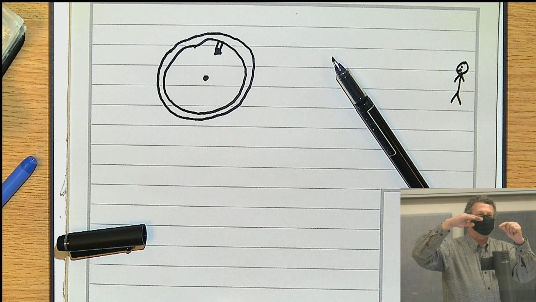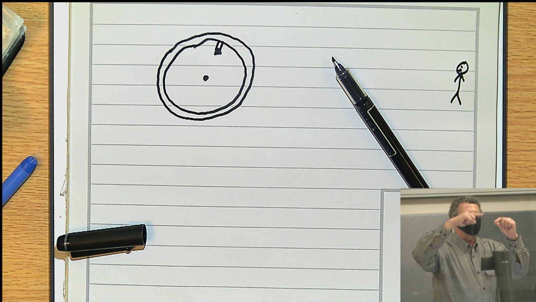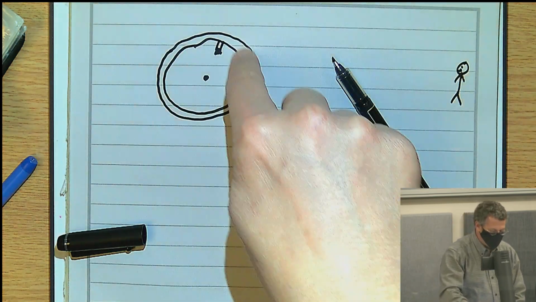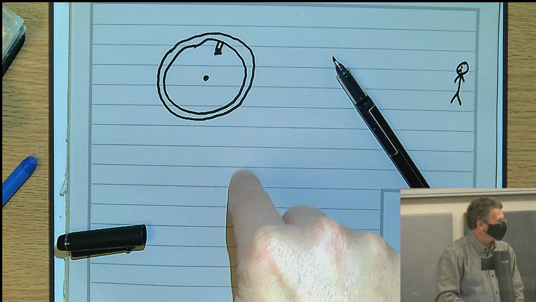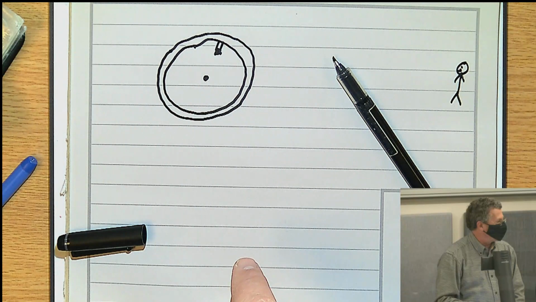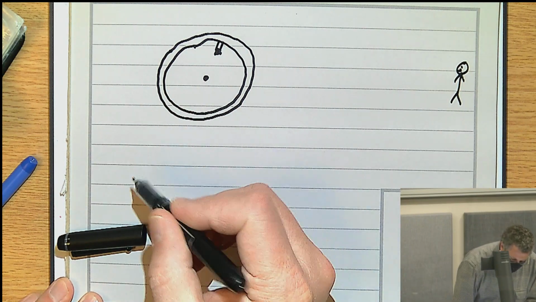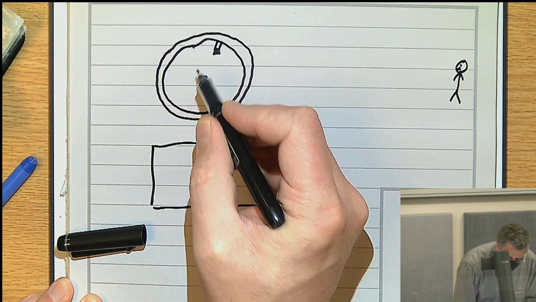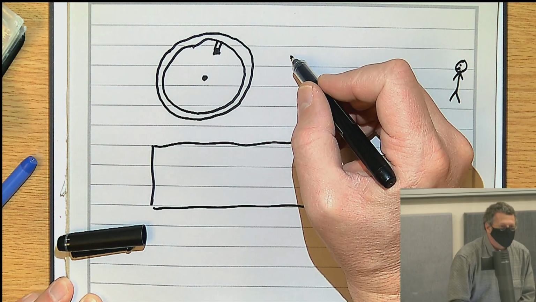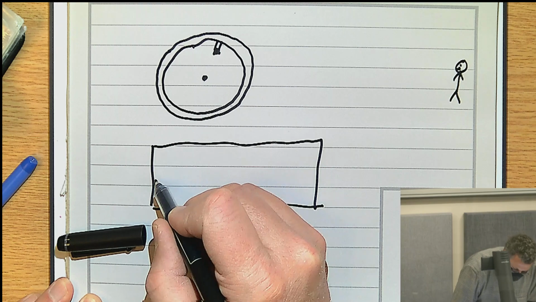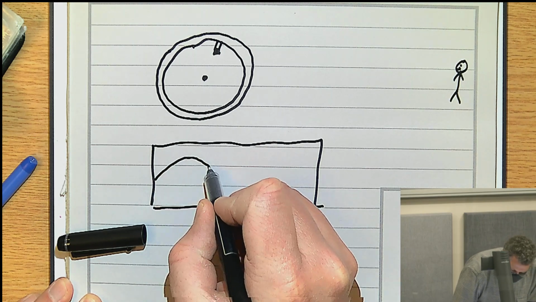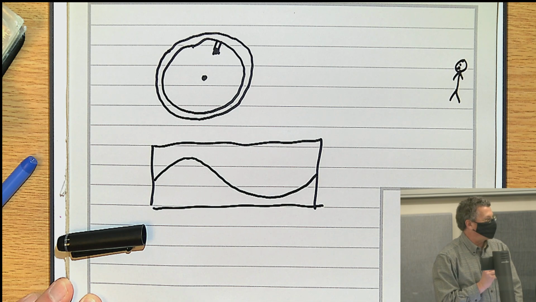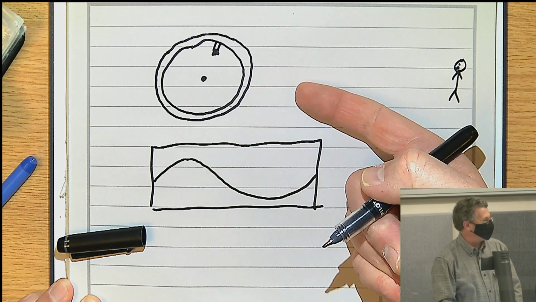But if you look at it from far away, it's going to look like it's just going up and down like this, like a sine wave, the stem, right? Because as this thing rotates around, the stem looks like it's just going up and down in a sine wave, right? So when you look at a sinogram, it's like a projection, and if you plotted out the position of the stem, it'll end up looking like this, right? Do you believe that? That would be the position of the stem that you're seeing from the side.